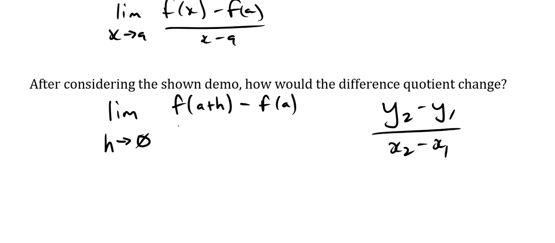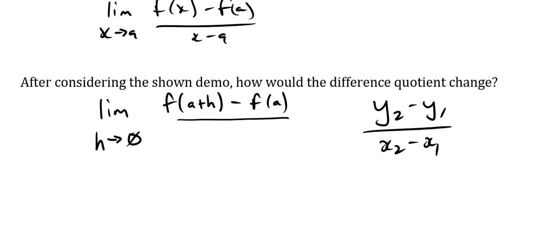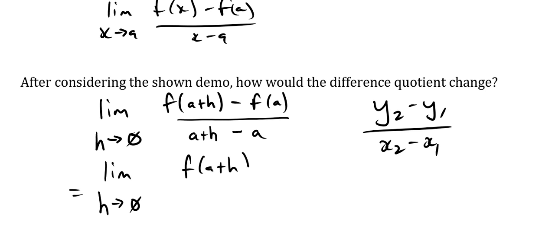So that's just y2 minus y1. And a lot of people had that top part around the room. And then it's a plus h minus a. And what does that work out to? Just h. So this is the limit as h approaches 0 of f at a plus h minus f at a, over h.